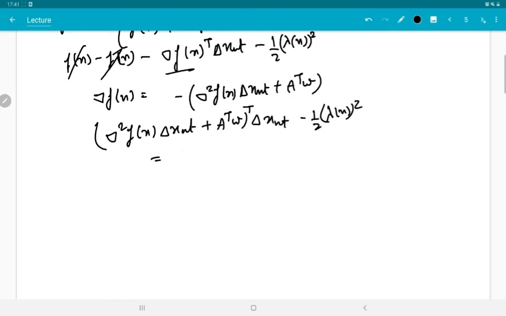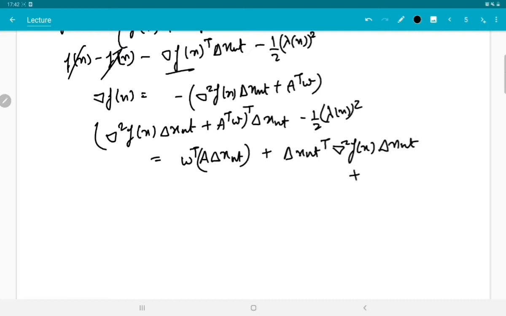If we take this transpose inside, we have W transpose A times delta x in t plus delta x in t transpose del square f(x) delta x in t minus half lambda x square.